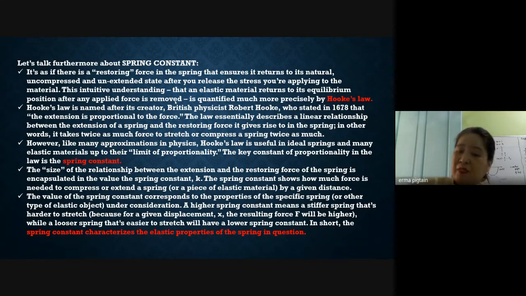Pagkatapos mag-swing, babalik yun sa kanyang equilibrium position, which is yung gitna. Pag nakahang siya, yun yung equilibrium position niya. So it doesn't matter kung gaano kalakas yung na-apply mong external force, babalik at babalik yun sa kanyang equilibrium position. So yun yung sinasabi sa Hooke's law. Once na natanggal yung external force na yun, babalik yung object sa kanyang equilibrium position.